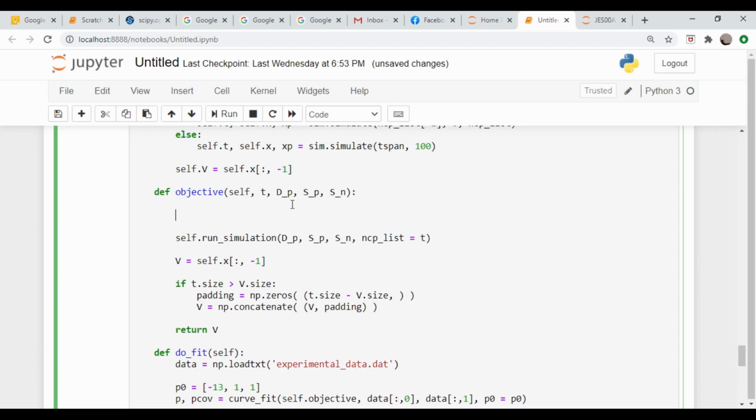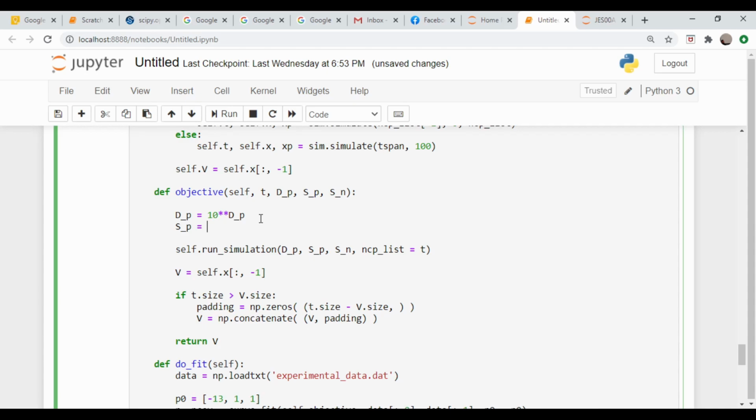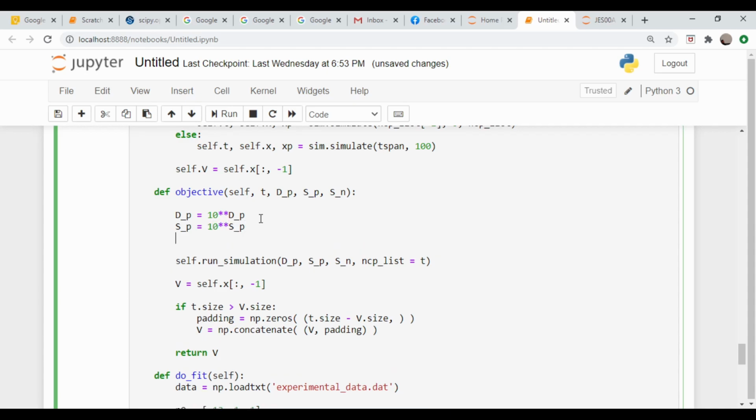So let's say d underscore p is equal to 10 to the d sub p. S sub p is equal to 10 to the S sub p, and S sub n is equal to 10 to the S sub n.